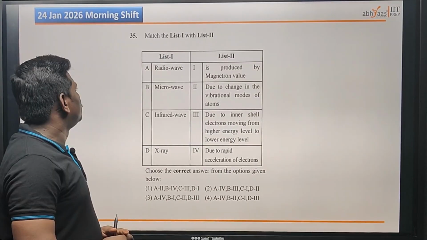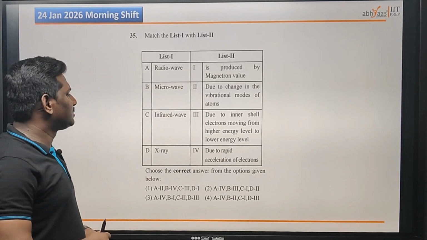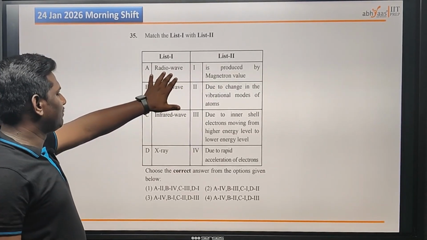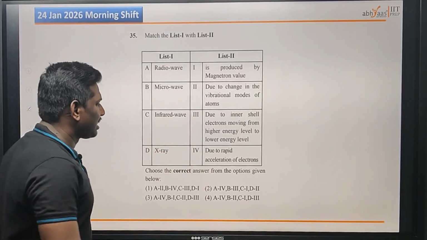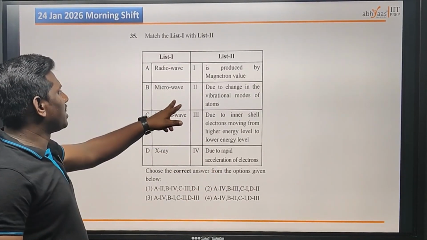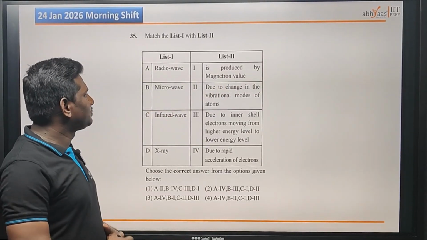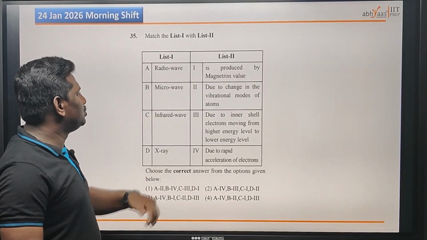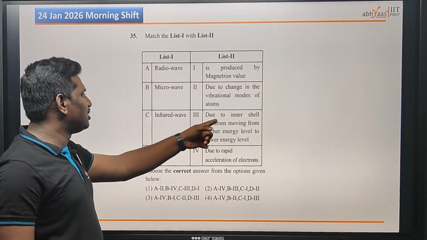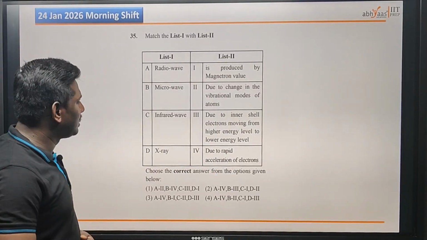Next question. See here, question number 35, matching of some theoretical answers. Radio wave is due to rapid acceleration of electrons. Microwave is produced by the magnetron valve, infrared wave due to the change in vibrational modes of the atom, and the X-ray due to inner shell electron moving from the higher level to lower level.